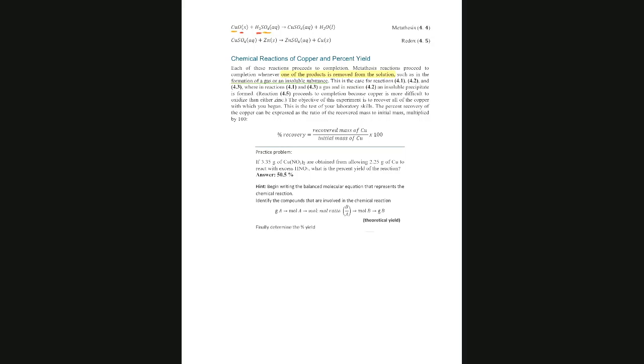And you add a strong acid, sulfuric acid, to the solid, and what do you end up with? No solid. See, you have aqueous here, and you have a liquid, and form copper sulfate.